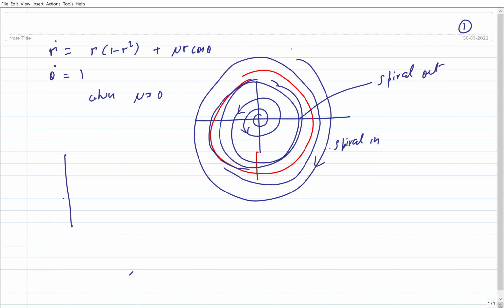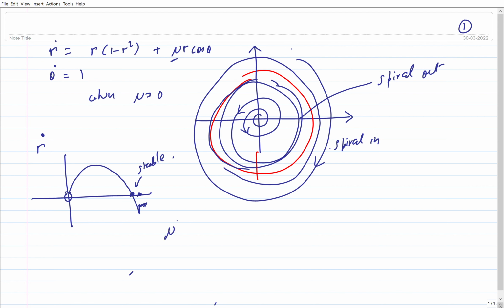We also looked at it in terms of, so this was the phase portrait. We also looked at r dot and r. Since for mu equals 0, r dot and theta dot were uncoupled, so this was the unstable point and this was the stable point.